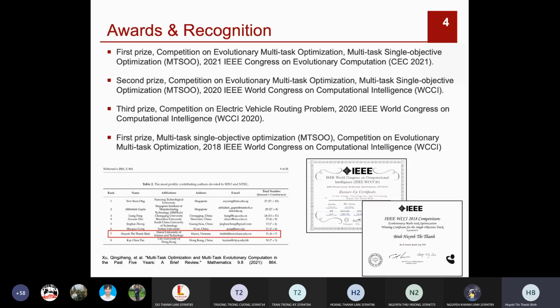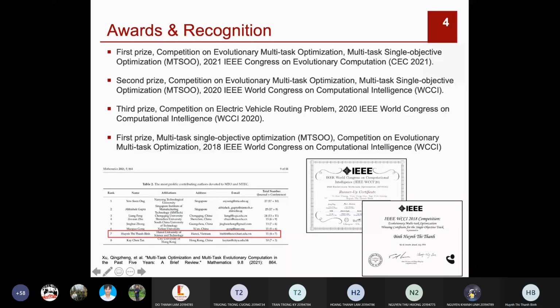Hội thảo này là đầu ngành về Computational Intelligence, và họ tổ chức 2 năm một lần. Mỗi một lần hội nghị thì họ có vài nghìn người đến dự.